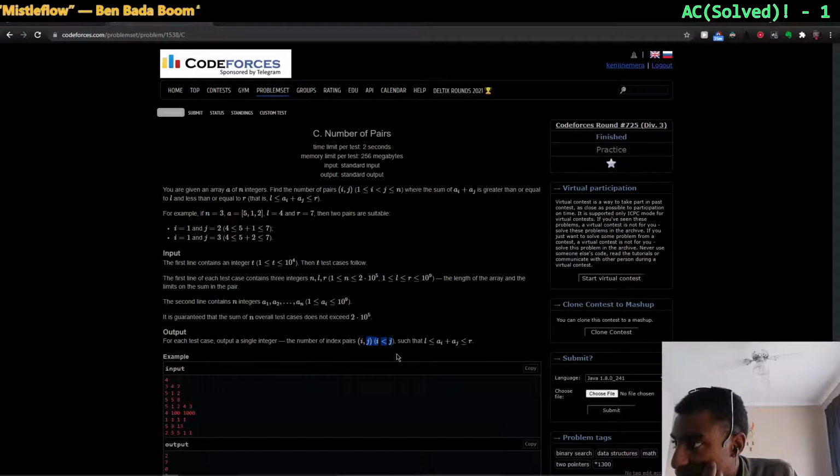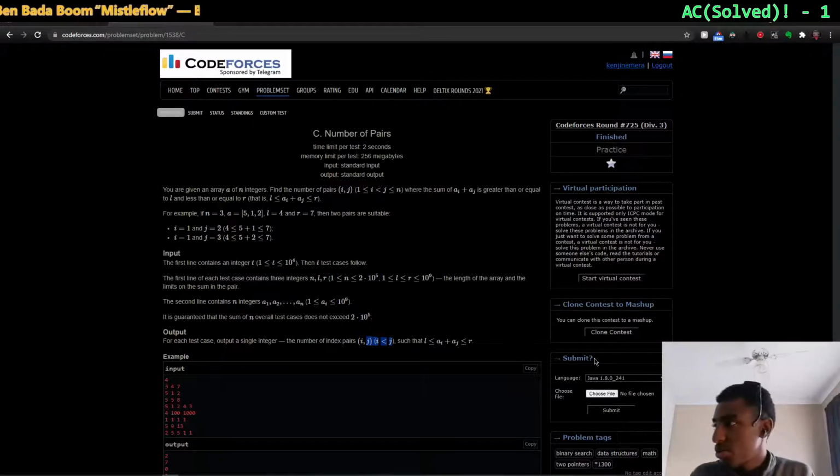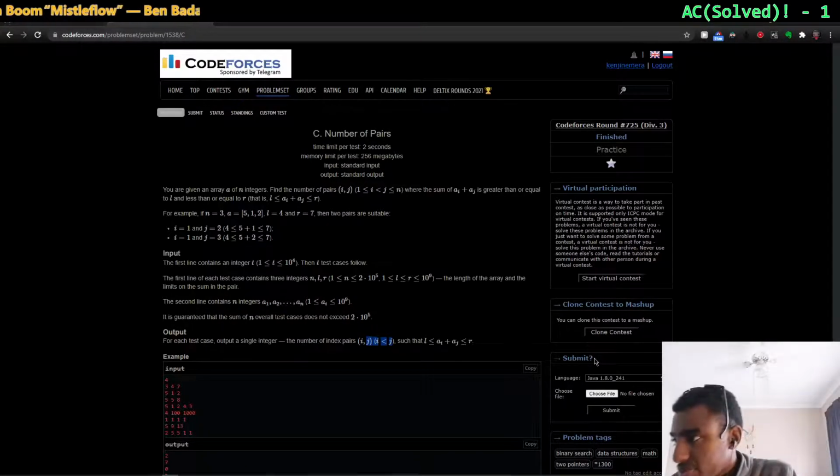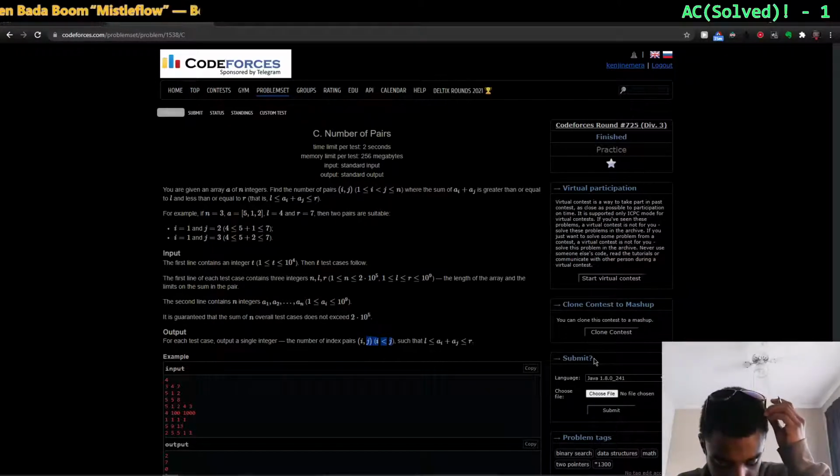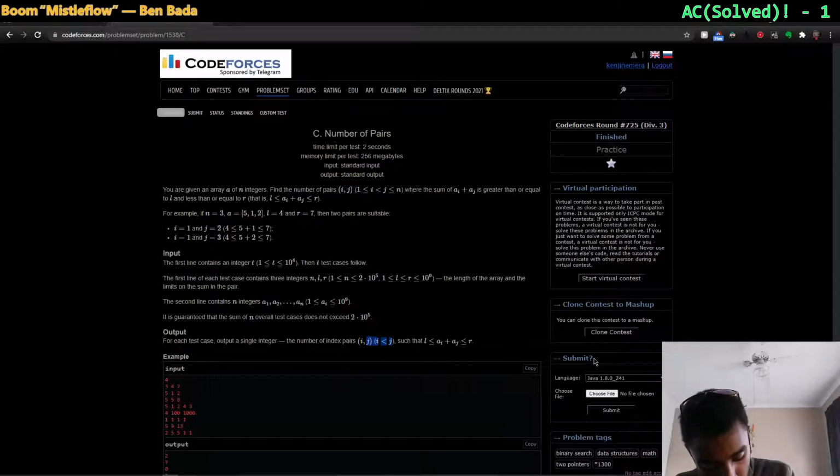Wait, can I rearrange this and make this O of 1? Wait. If L smaller than or equal to AI plus AJ smaller than or equal to R, and L smaller than or equal to, minus AI smaller than or equal to R minus AJ.